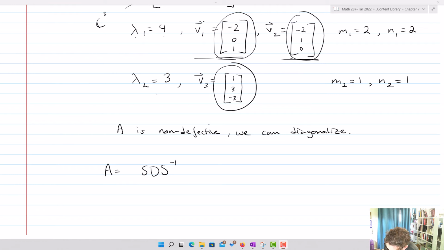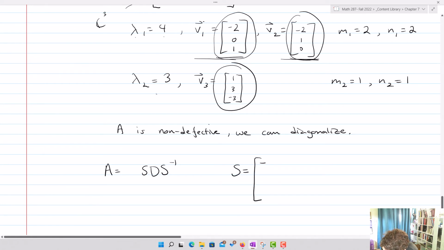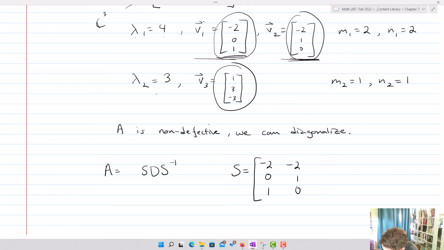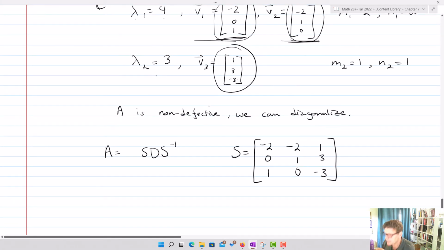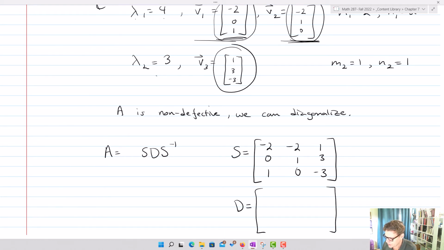So S is the matrix of the eigenvectors, and I'll set them up as negative 2, 0, 1, negative 2, 1, 0, and 1, 3, negative 3. Now, really important, something that gets missed a little bit whenever we diagonalize: my matrix D has to have the eigenvalues in the same location as their respective eigenvectors.